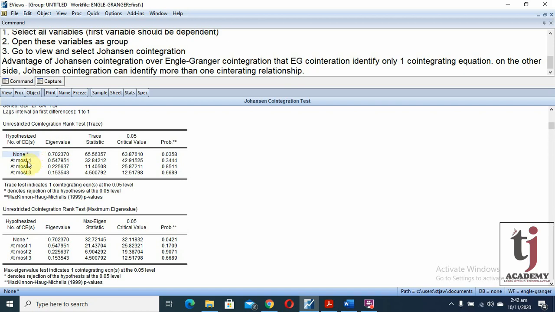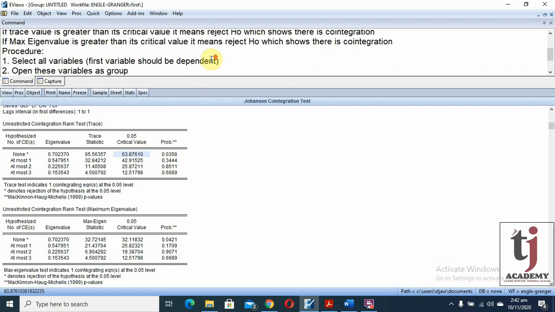Here at most one means if this variable is significant like this, the trace statistics is greater than the critical value, it means reject H0. You can see here.